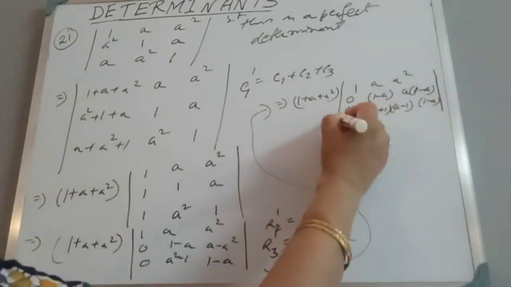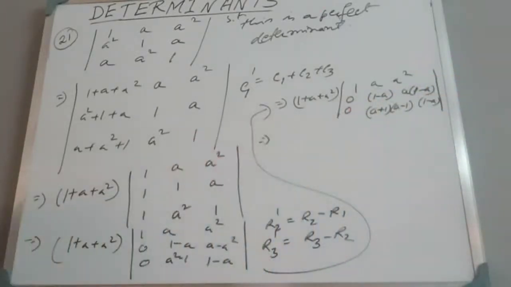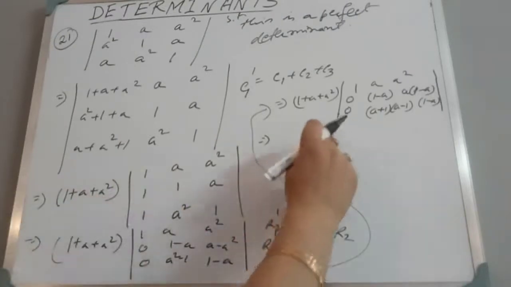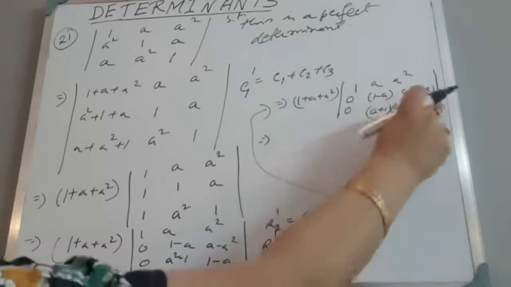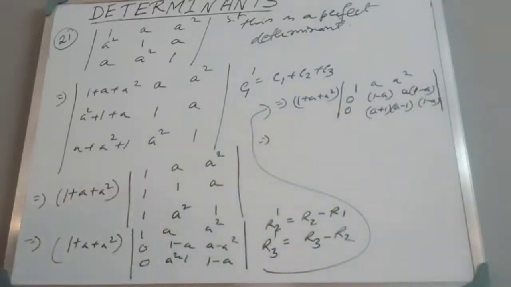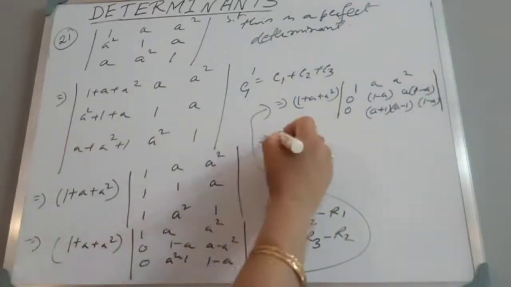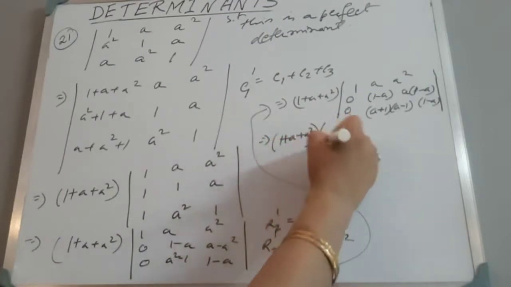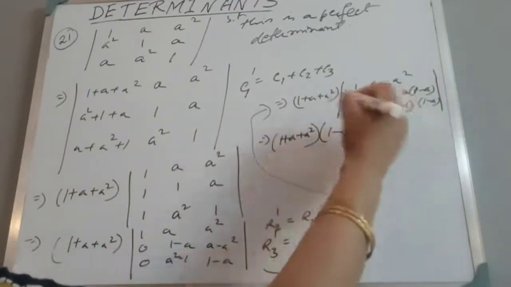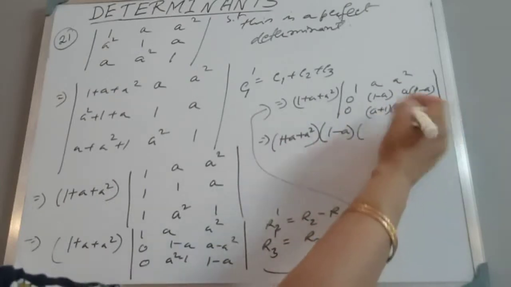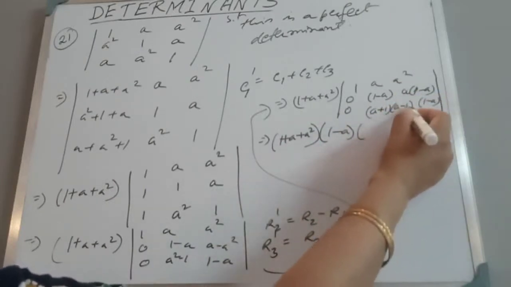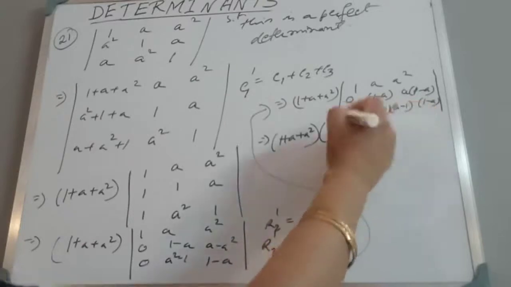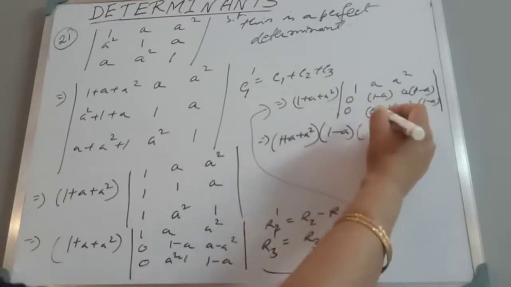Okay, now I think you can see the board. Now 1 minus a from the second row and 1 minus a from the third row, we can take outside the determinant. Since it is a minus 1 here, we take 1 minus a and it will be minus of a plus 1.